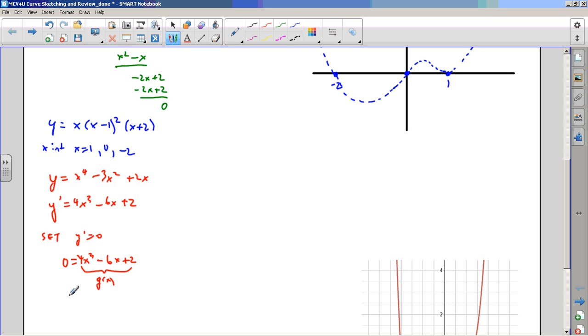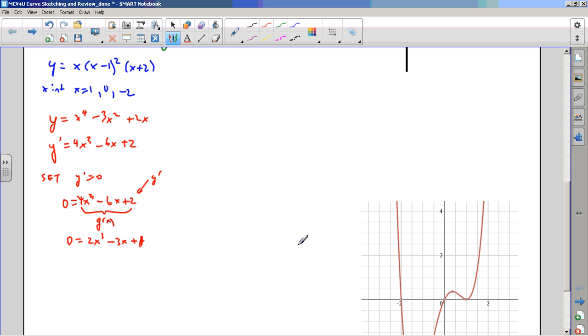I'm going to divide everything by 2 to simplify it first. Remember that now I'm solving the equation. This is the first derivative, but when I'm solving the equation, I can divide everything by 2.